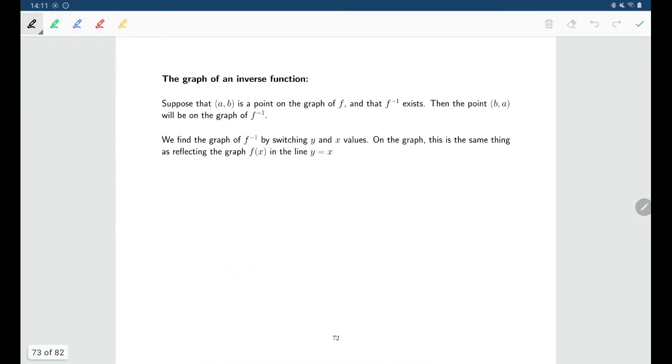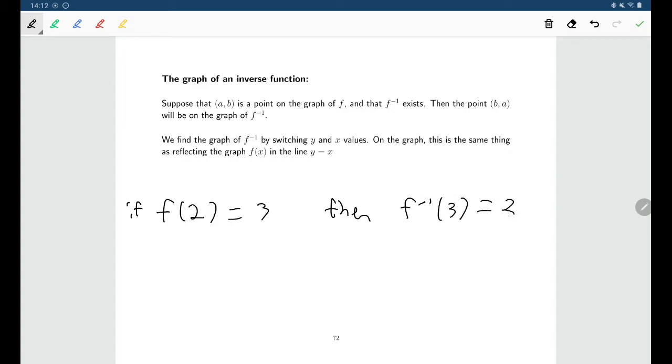So for the graph of an inverse function, this actually comes back to that first example that I gave, that I said if you knew that f of 2 was 3, then that would mean that f inverse of 3 would have to be 2. In other words, f inverse has the same points, but with the coordinates switched, with their orders switched.